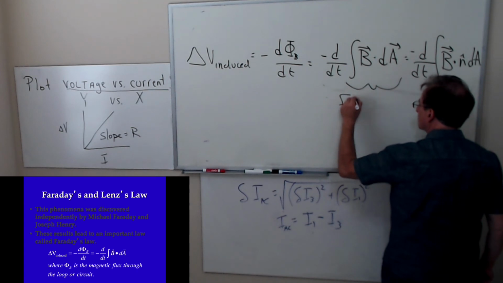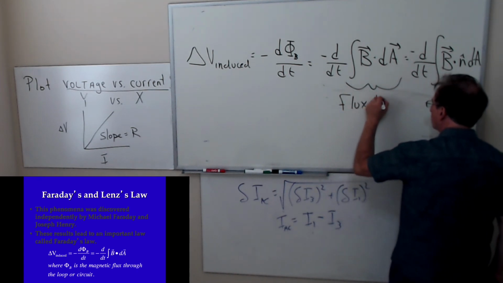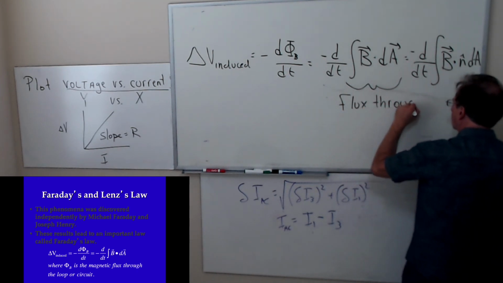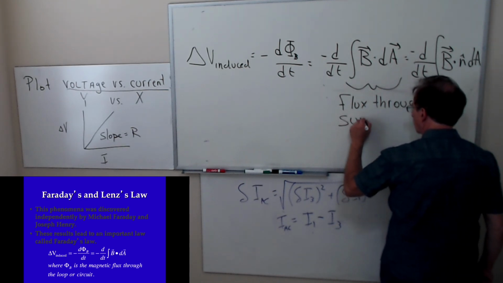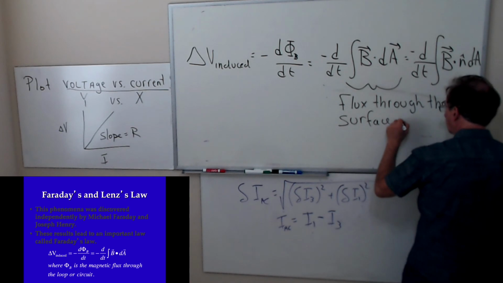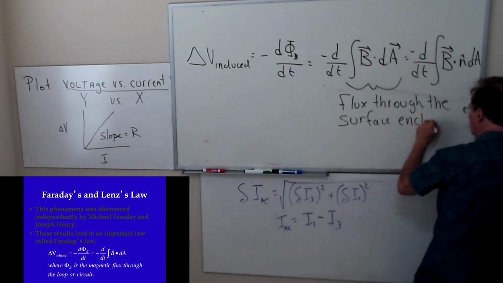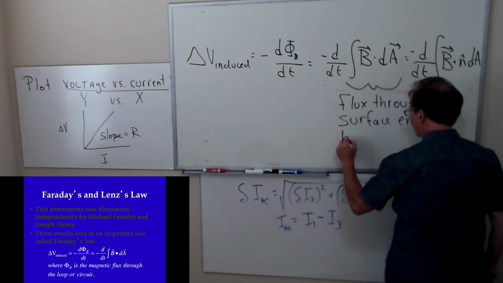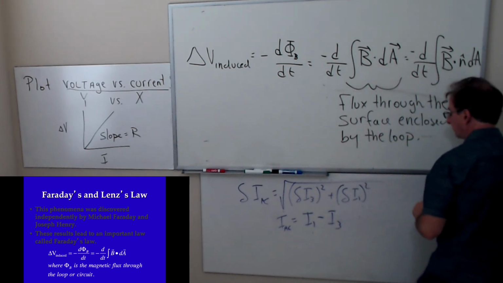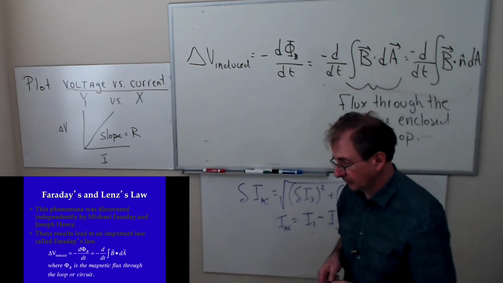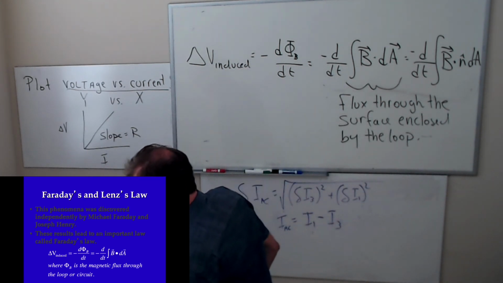This is the flux through the surface enclosed by the loop.